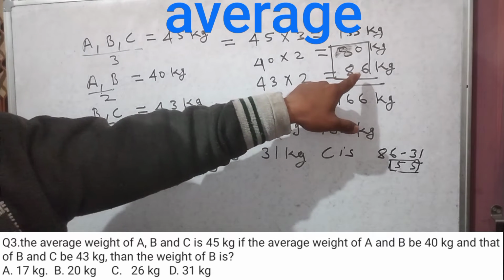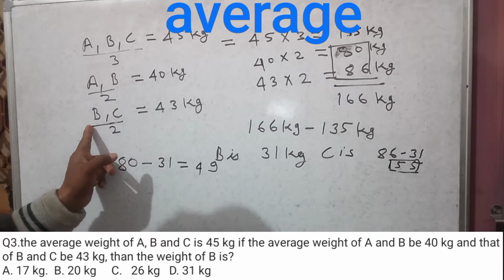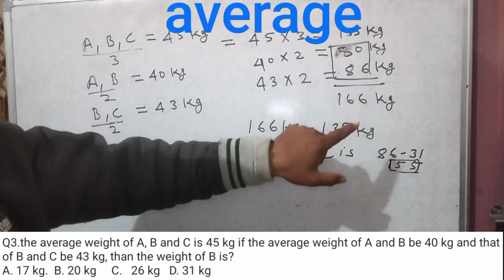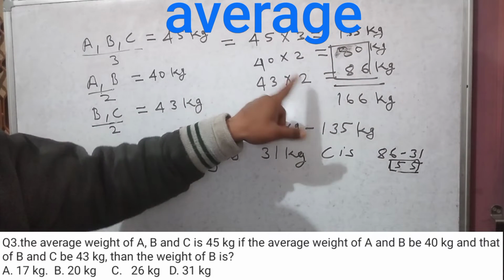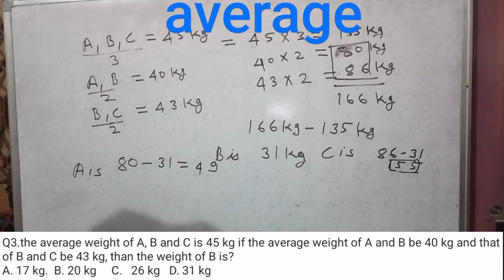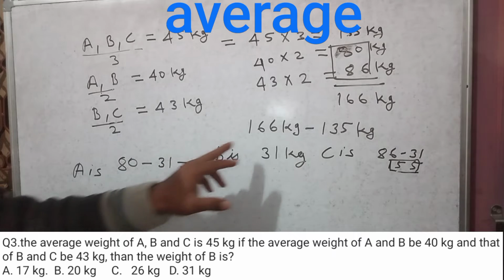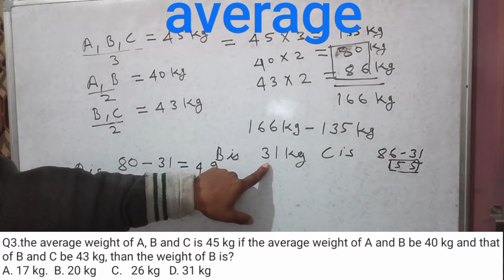So total kg will be 86 kg. Now see here, B is common, right? So 80 plus 86 is 166. 135 is ABC and AB plus BC is 166 kg. So B is counted 2 times, right? So 166 kg minus 135 kg is equal to 31 kg.